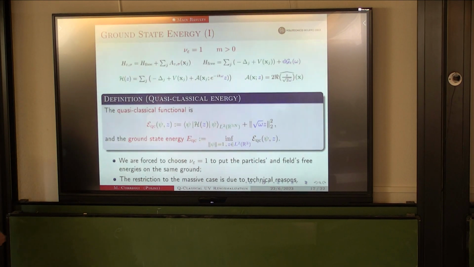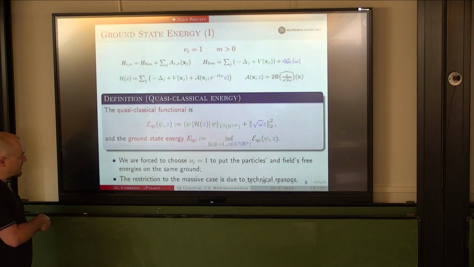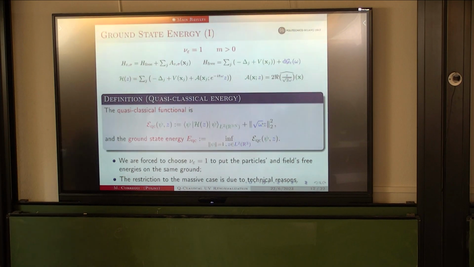Now, as I said, the Pekar functional is what you get out of this when you minimize with respect to z. You can do it for any model of quantum field theory, so in the case of the polaron, you precisely get what is called the Pekar functional. The ground state energy is what you get by taking the infimum of this expression with respect both to the particles and the field. So you take a joint minimization problem.